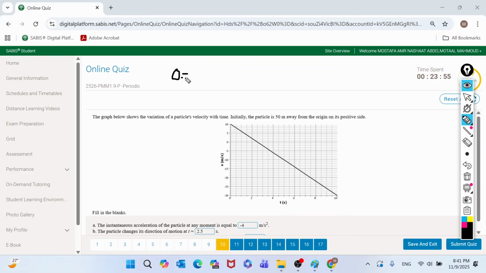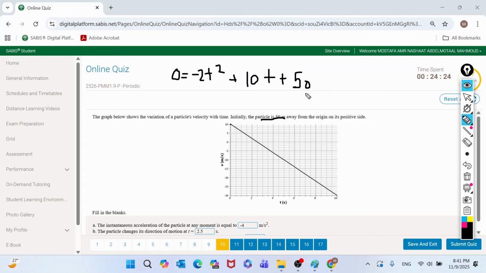So 0 equals 1 over 2 times acceleration, which is negative 2, t squared, plus v0, which you can get from the graph, it's 10, so 10t, plus the initial position, which is 50.